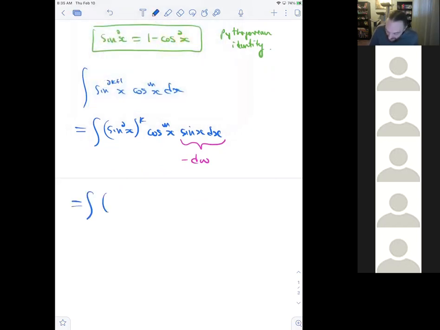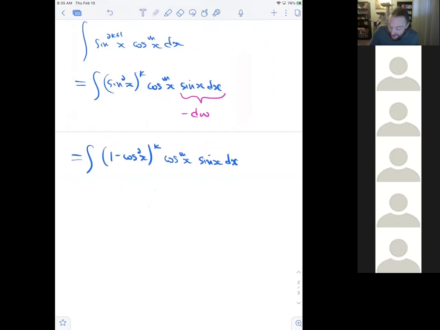This will be the integral of 1 minus cos squared x to the power k times cos mx times sine x dx. Once I've done that, I've set everything up to correctly use substitution. I'm going to let w equal cos x so that negative dw equals sine x dx.